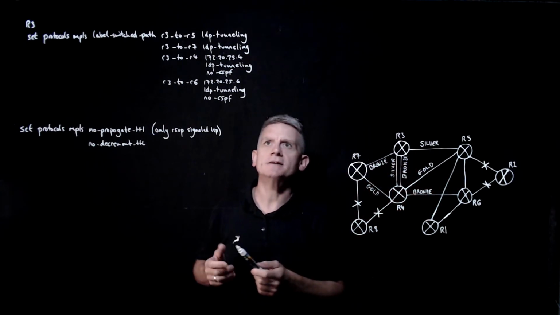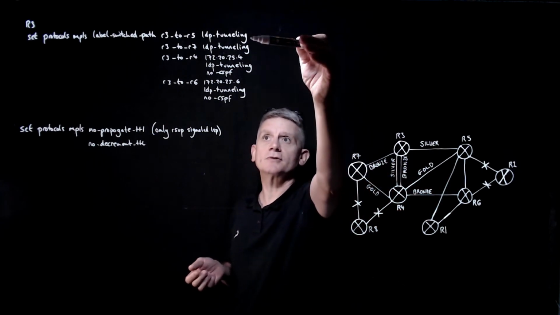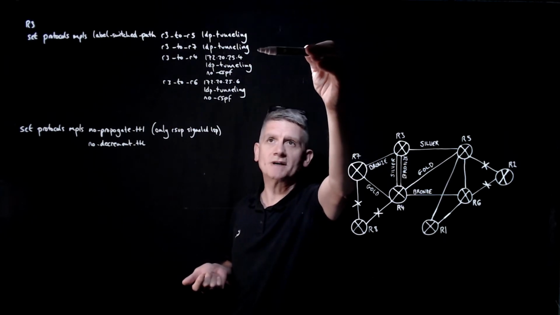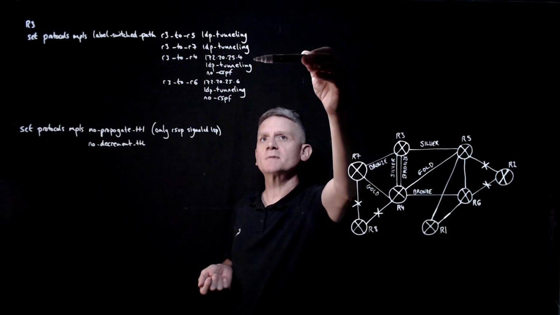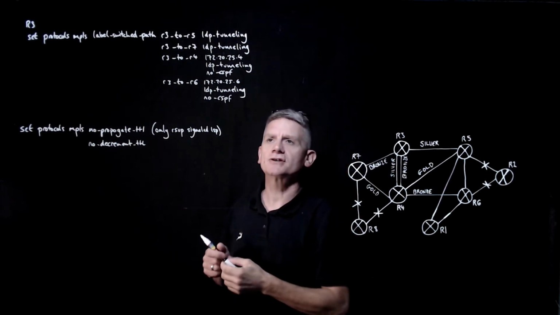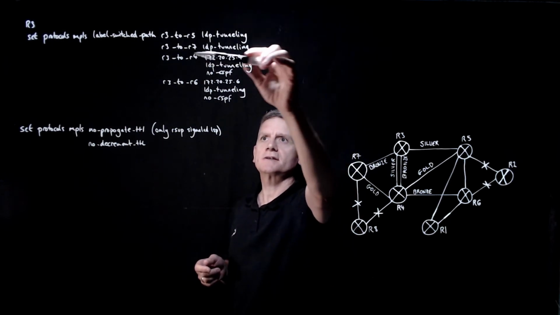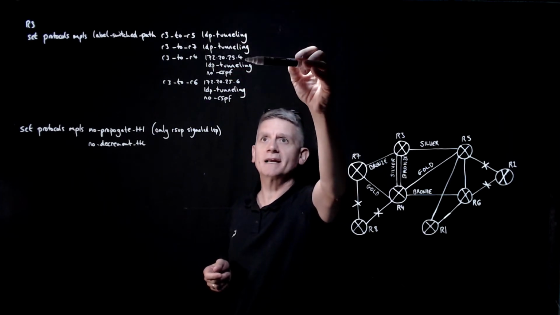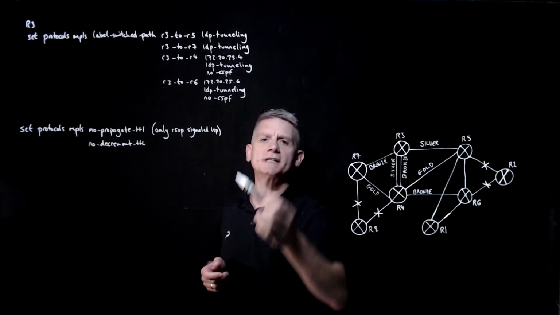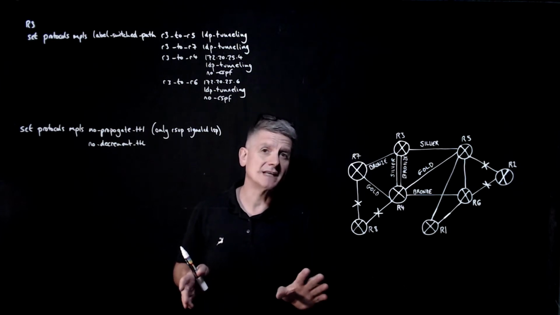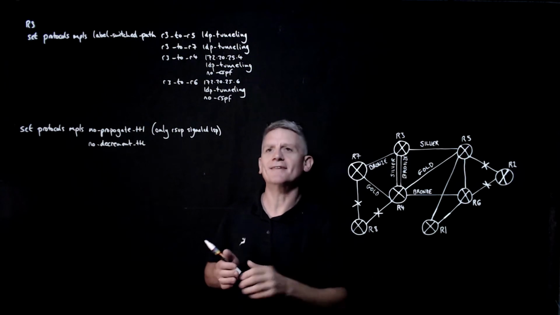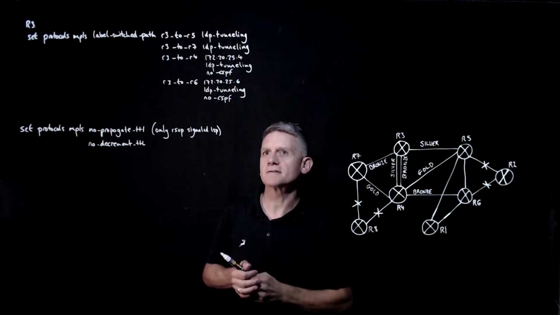The first thing that we need to do is to turn tunneling on all of the existing RSVP label switch paths. And then if there is a label switch path missing from a full mesh, we need to add it. So here there was no R3 to R4 label switch path, so we're adding one. We're also turning off CSPF, and that just makes this process easier so that the admin groups aren't going to be affecting the paths.